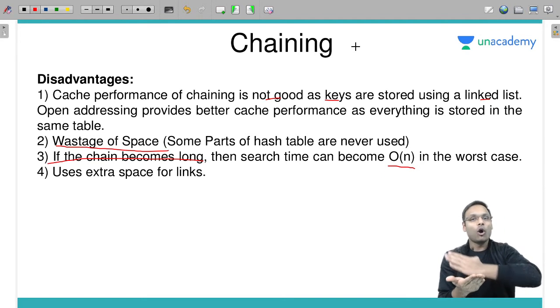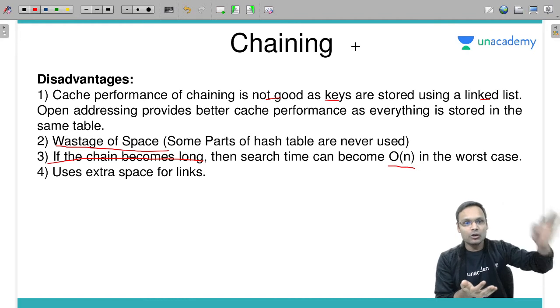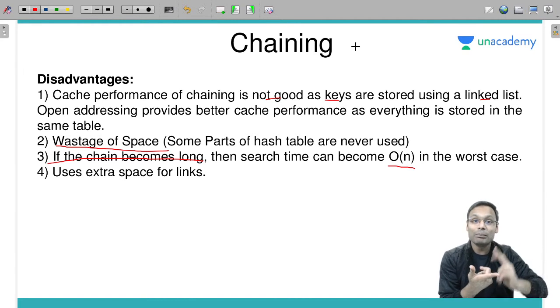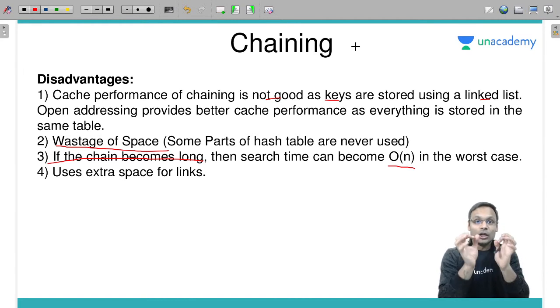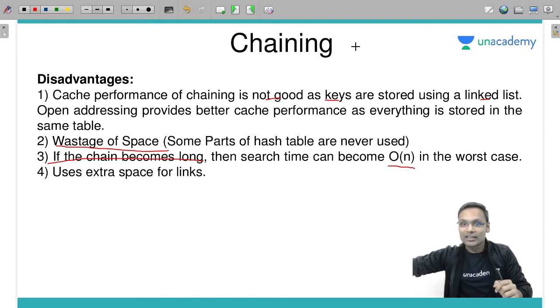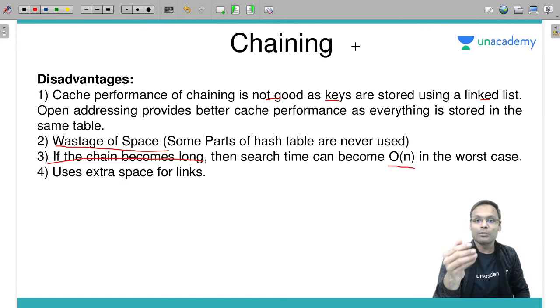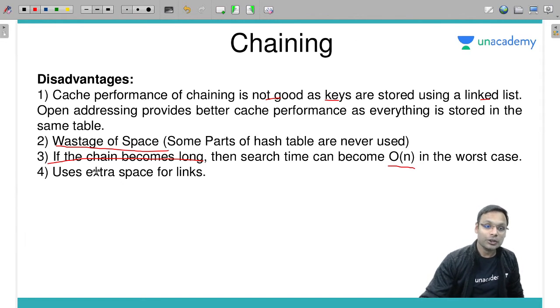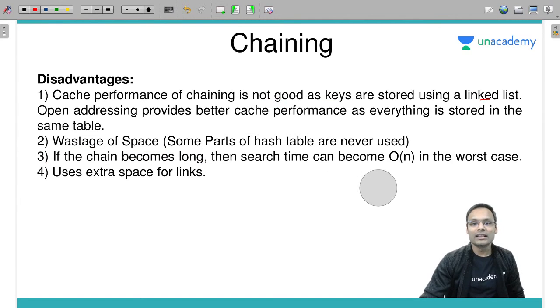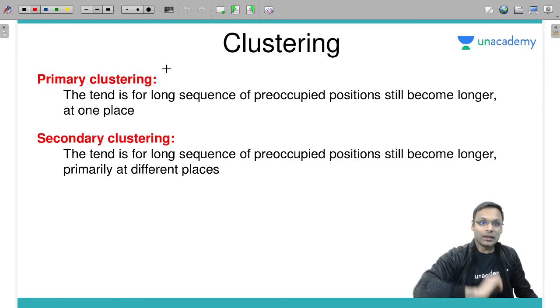If you are inserting all the elements in the single chain only, then to search an element in that single linked list, it may take big O of n time in the worst case. And of course, you need to have extra space for the links, and that is also a disadvantage in chaining.